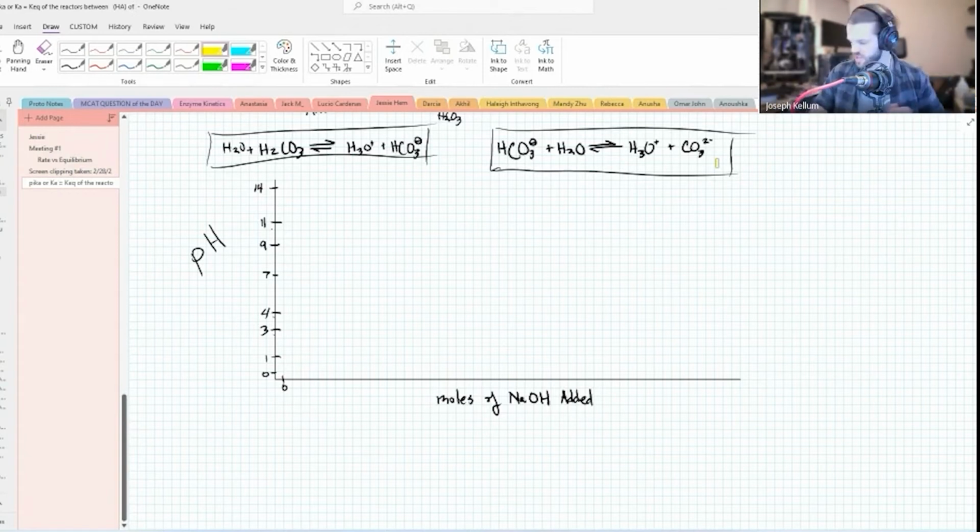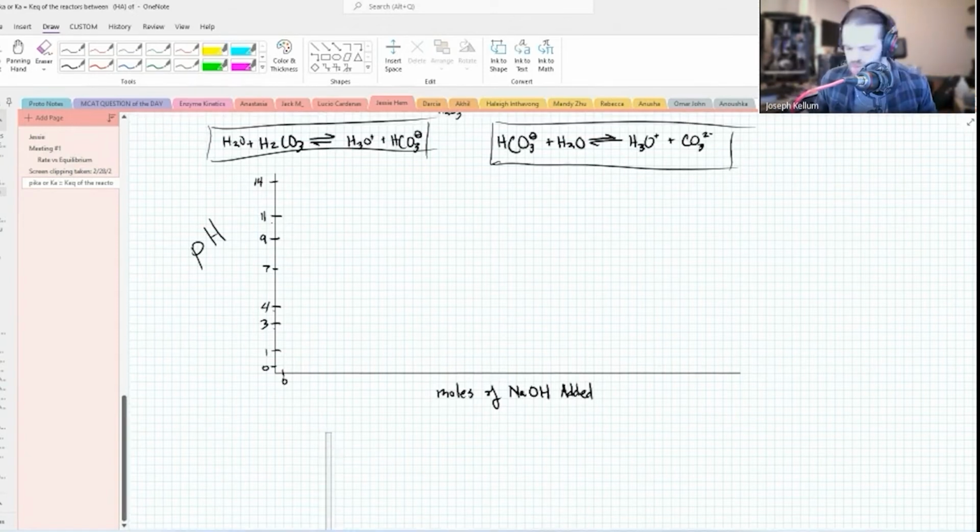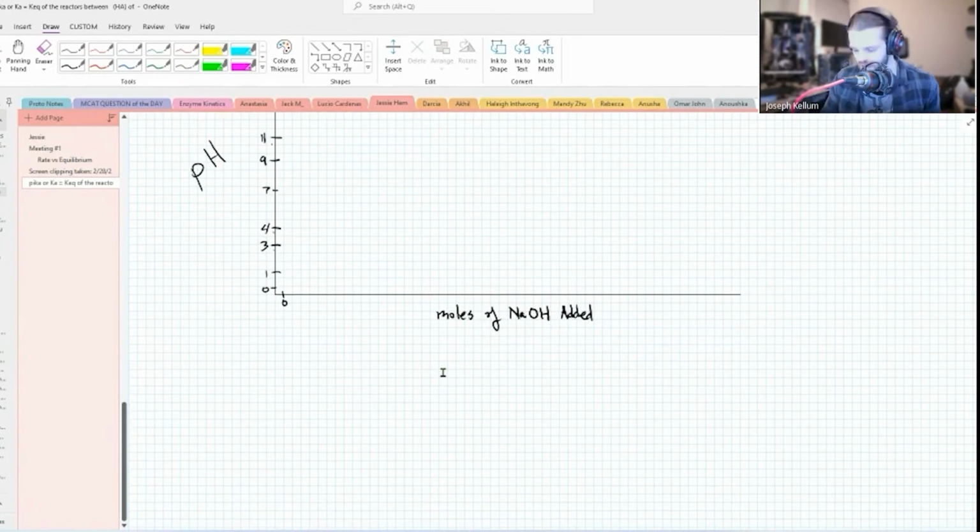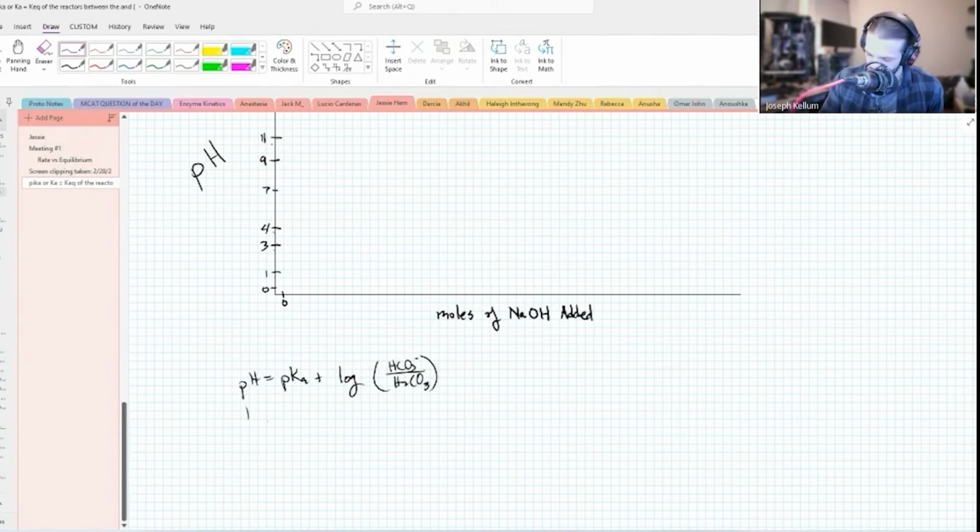Whenever you're at a really low pH, we can do this calculation actually. So let's say we start this thing off at a pH of 1. Using that equation we were just using, pH equals pKa plus log of HCO3 minus over H2CO3: if our pH is 1 and our pKa is 6.5, then negative 5.5 is equal to the log of that ratio.